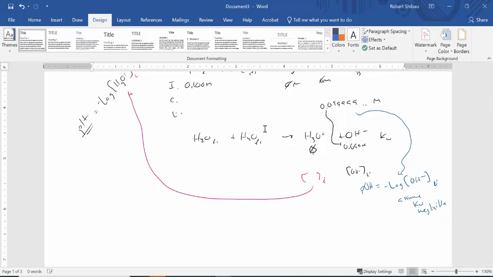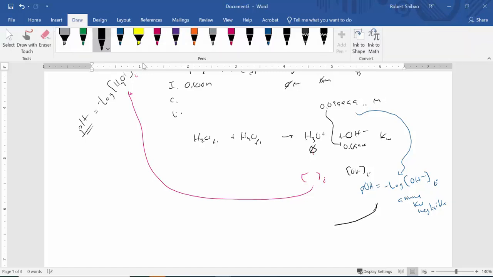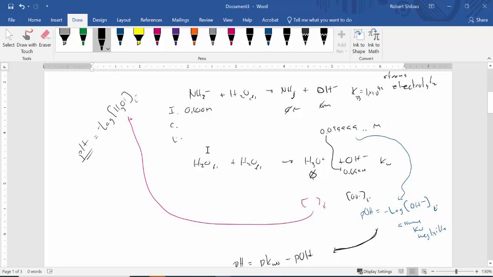And so if we assume that Kw is negligible, then what we do next is we say that the pH is just equal to pKw, which is 14.00, minus the pOH. So they're interrelated.